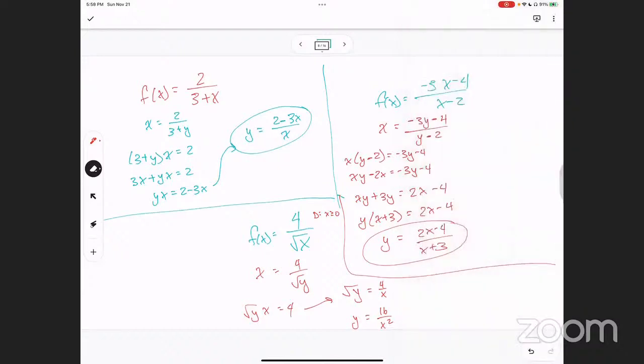So I think what we have to do is limit the domain. We have to say that the domain is from 0 to infinity. Again, the reason is because if you look at this original graph, the range is never going to be negative, right?